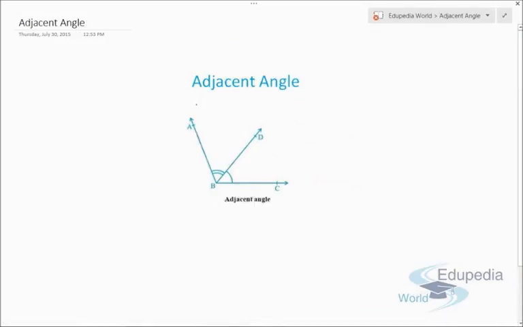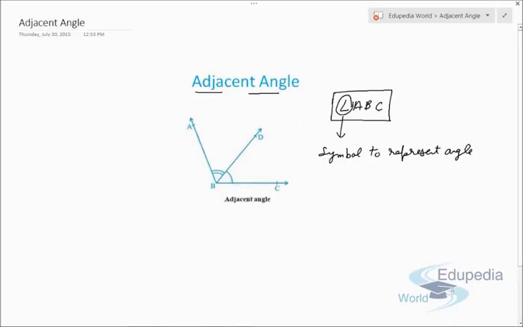Now these types of angles are very important from the lines and angles point of view, so you have to grasp the concept very carefully. Now adjacent angle. Suppose we have an angle, here the angle is ABC. First let me tell you how you can represent an angle. The angle sign is represented by this symbol, and these are the endpoints.